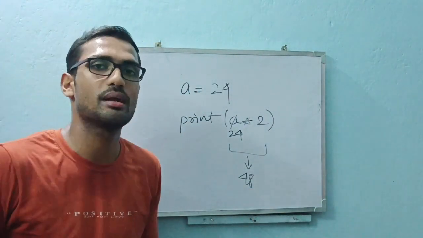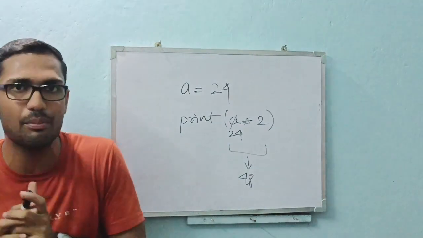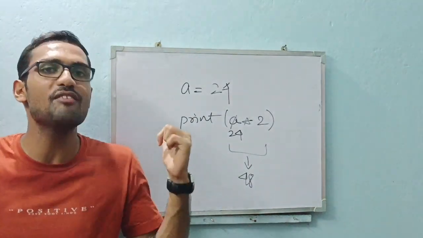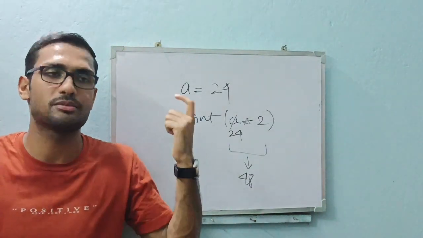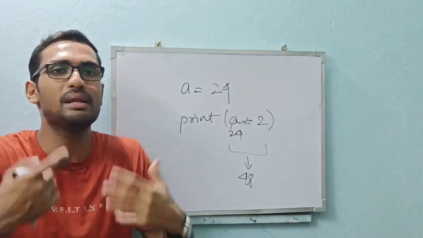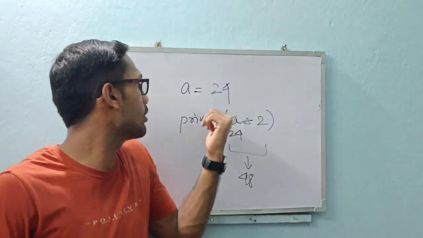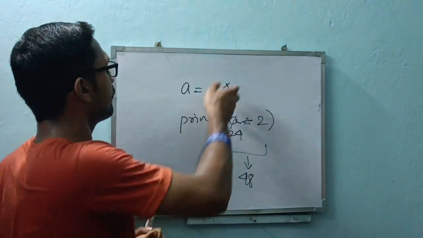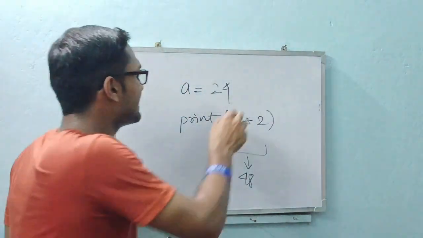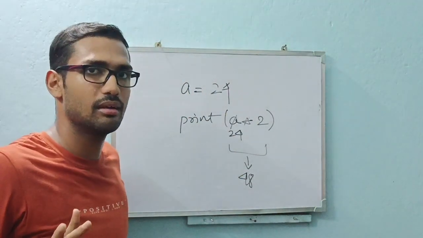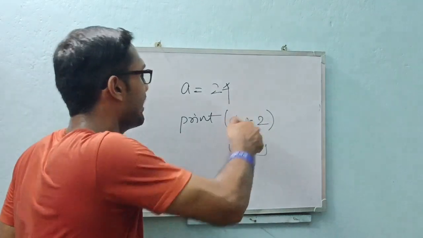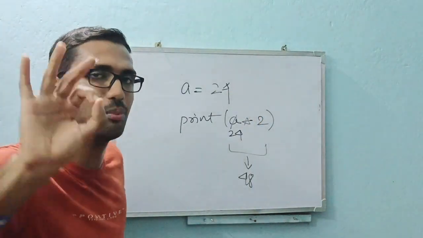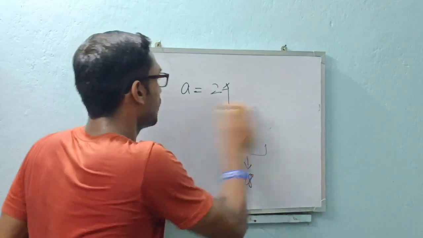But what is my point? My point is, if I pass a variable, the value of the variable will be substituted, or replaced, whatever is there within the variable a, the same thing will get printed. The value which is there within a will get printed. Clear? I hope this is clear.